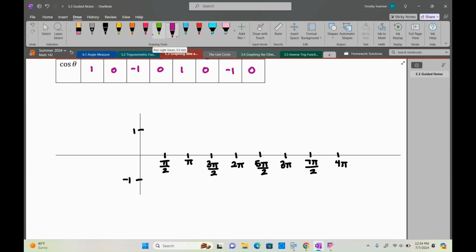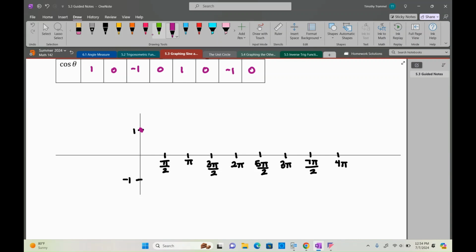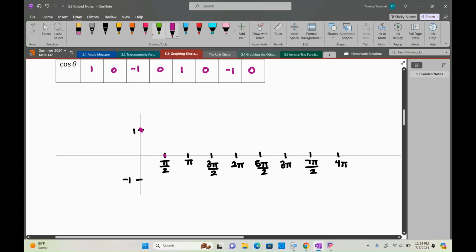So again, cosine is going to start at the top of the wave, unlike sine, where sine starts at the middle of the wave. And so since we're starting at the top here, we're going to go down and then back up to the middle, back to the top, and so on here.